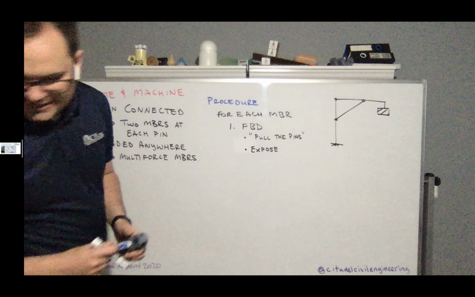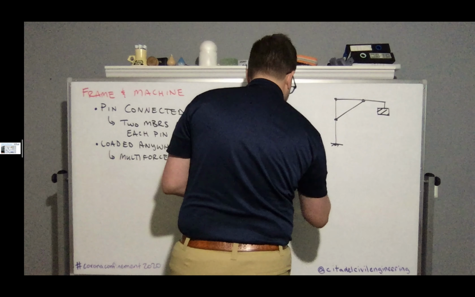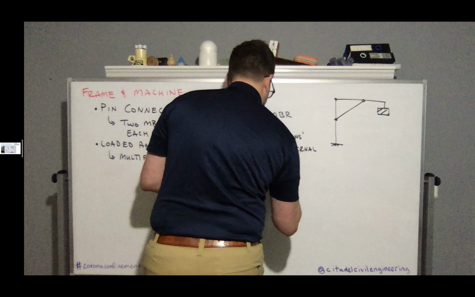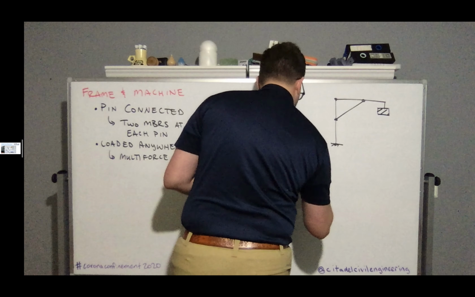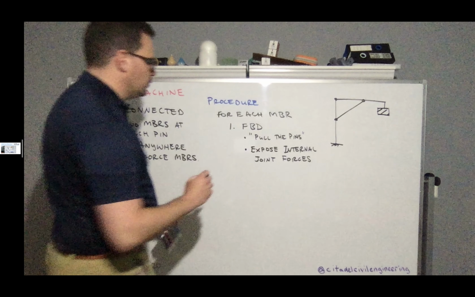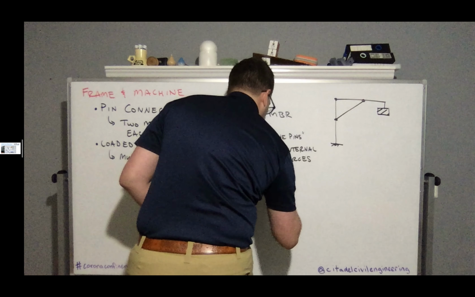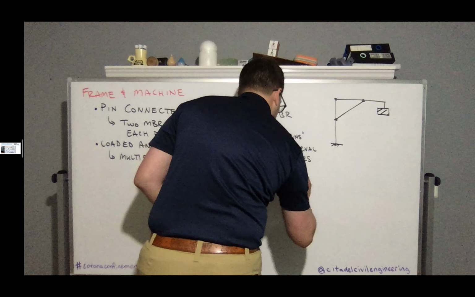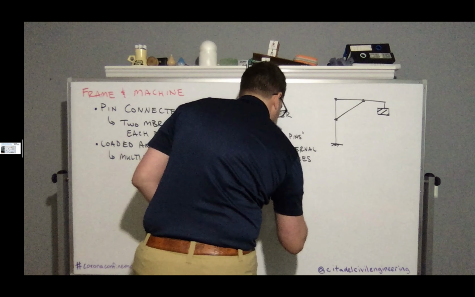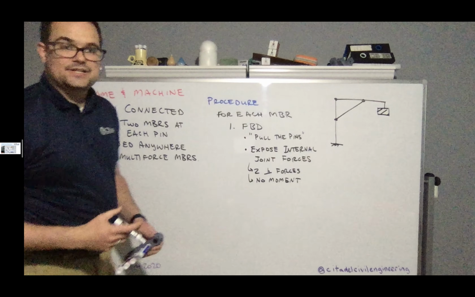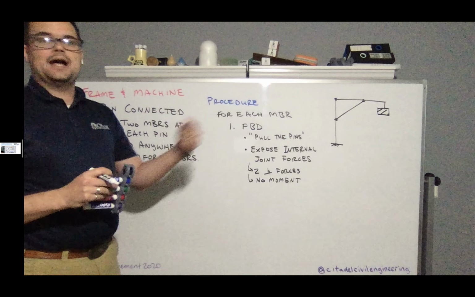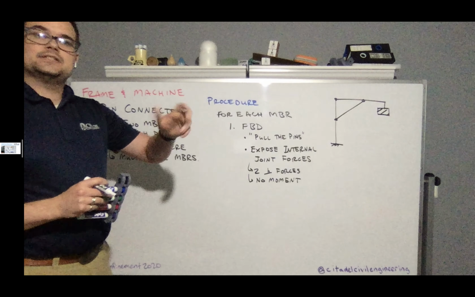When we expose the internal joint forces, that's going to be represented by two perpendicular forces with no moment. So this is exactly the same as it was when we were talking about pin connections in those external supports, where we had a pin, we'd have a force in the Y and a force in the X, but no moment because it's free to rotate.